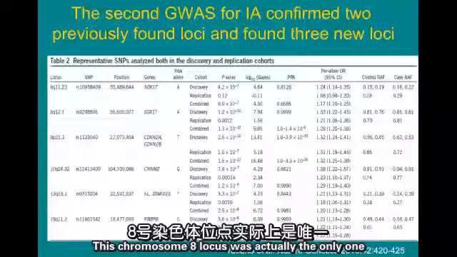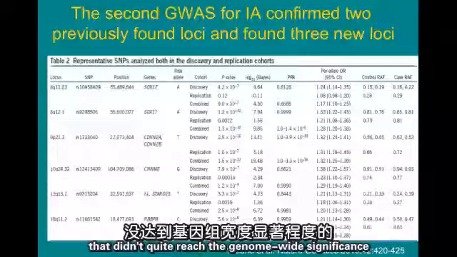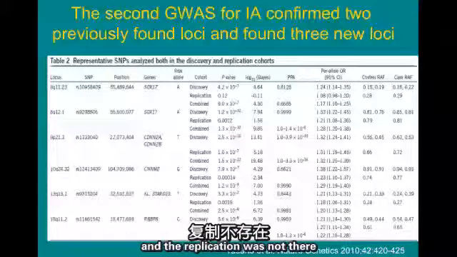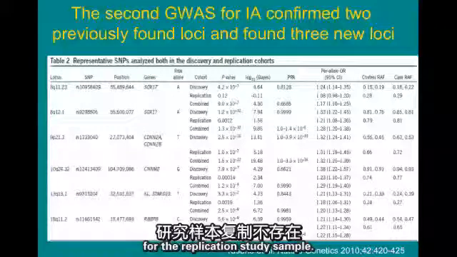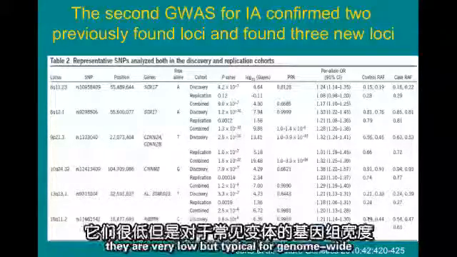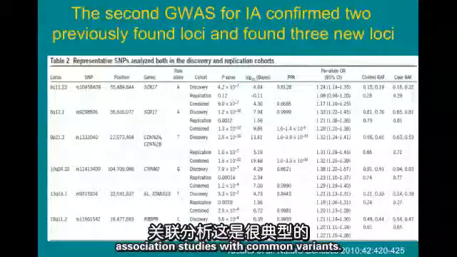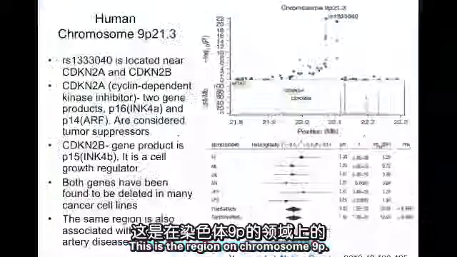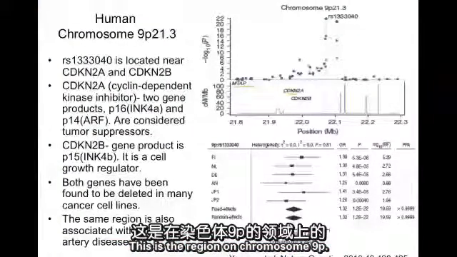The chromosome 8 locus was the only one that didn't quite reach genome-wide significance, and the replication was not there for the replication study sample. Again, the odds ratios are very low, but typical for genome-wide association studies with common variants. So this is the region on chromosome 9p.